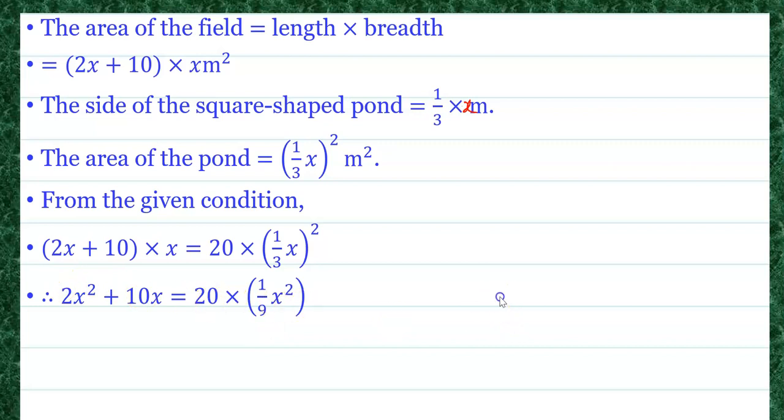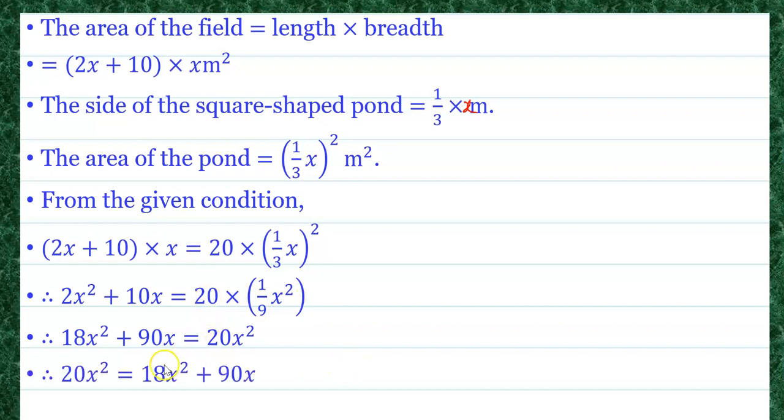Multiplying on both sides by 9, you will get 18x square plus 90x, and the 9 cancels on the other side giving 20x square. If we simplify again, 20x square is equal to 18x square plus 90x.